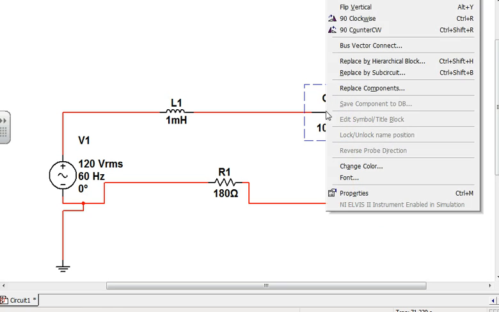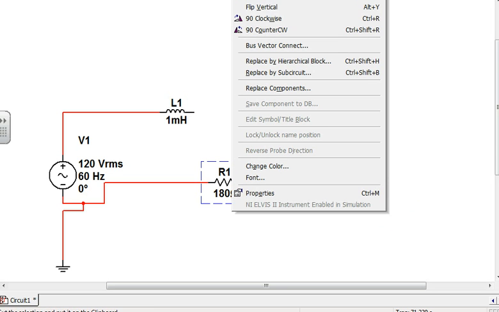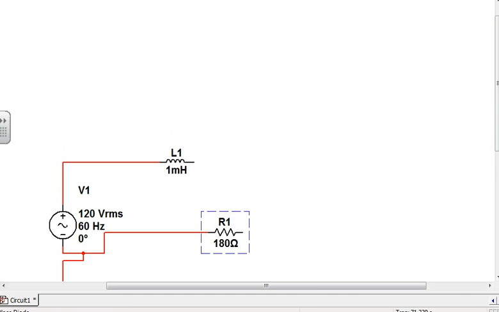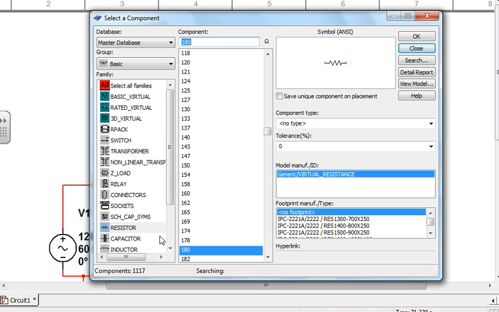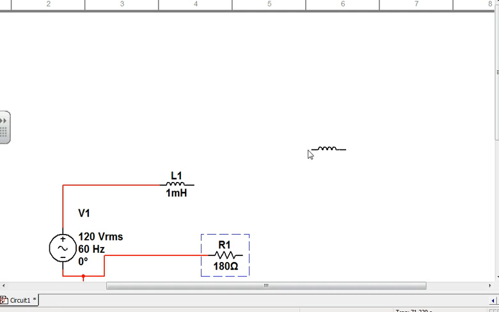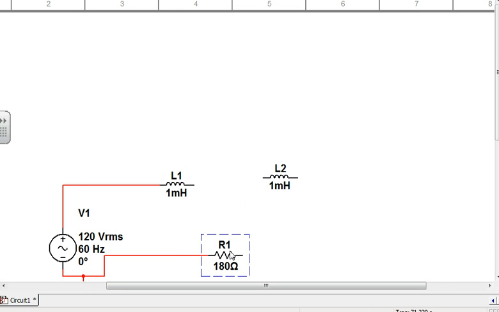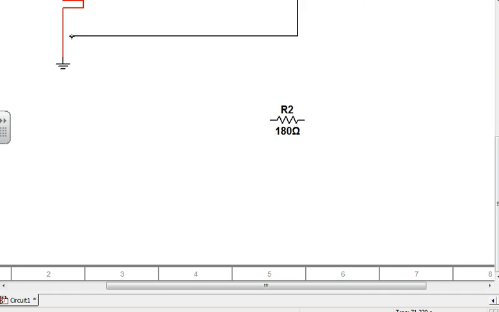And we'll put in another inductor right there. And we're going to hook him up to there, and him to here.